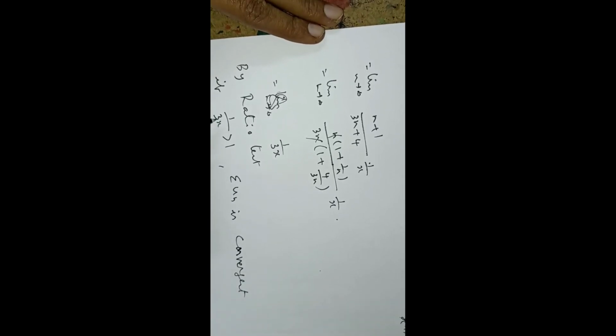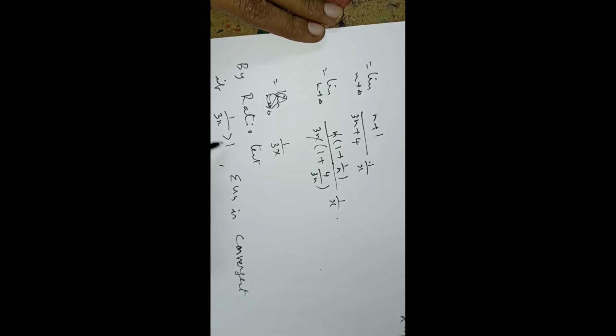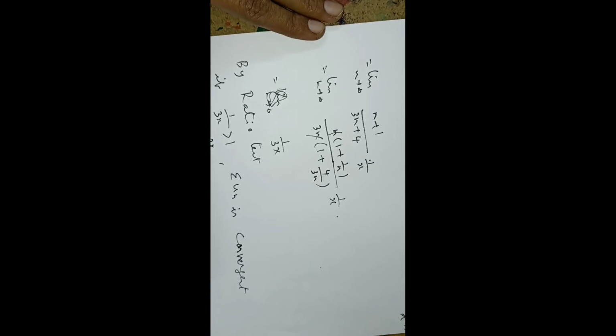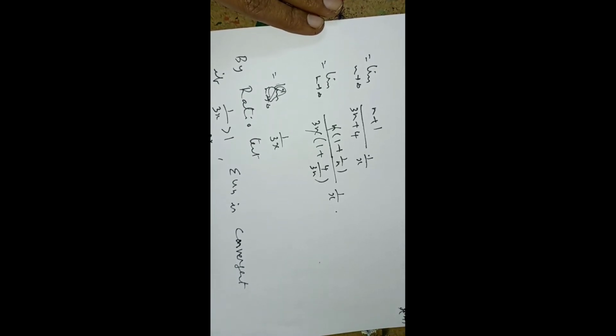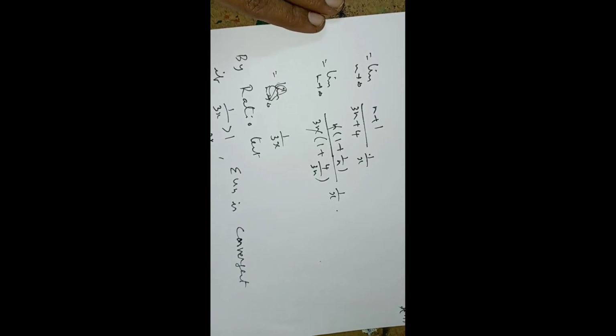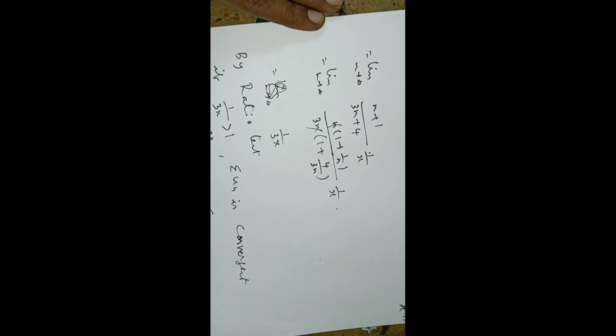What is the meaning of this? 1 by 3x is greater than 1 means if you cross multiply, 1 greater than 3x. That means 3x less than 1, x less than 1 by 3, sigma un convergent.